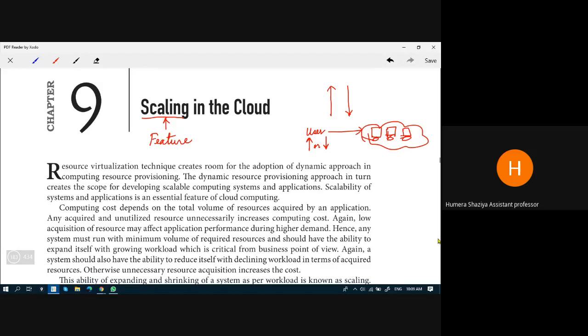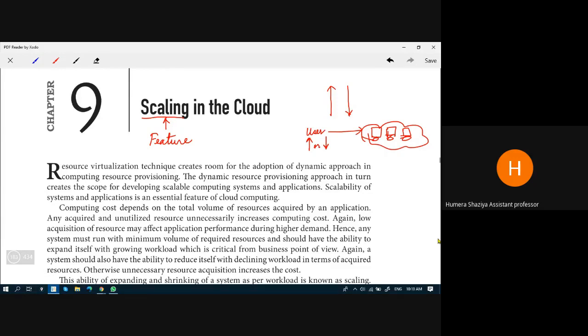As your demand increases, you obtain new, extra resources, or expand the system. As your demands go down, the system scales down or shrinks.